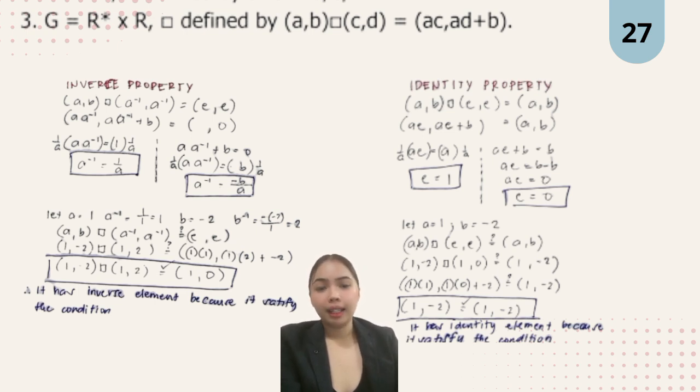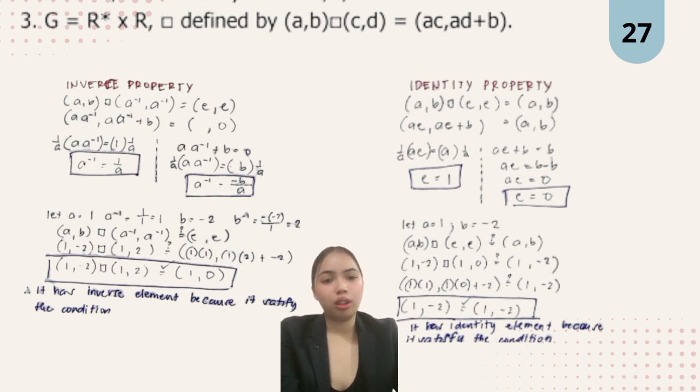So (A, B) times (A inverse, A inverse) is equal to E, or element rather. So (1, negative 2) times (1, 2) is equal to 1, 1 times 1 and 1 times 2 plus negative 2.